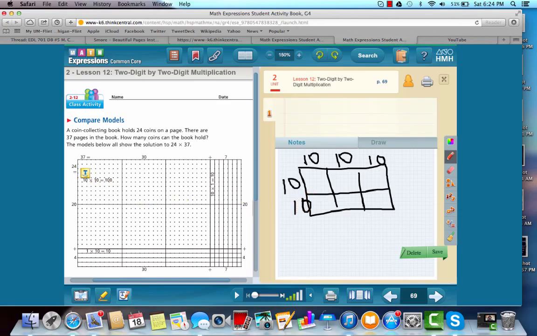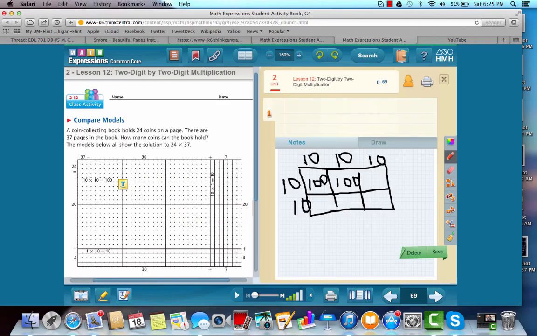Now if you look over here, it shows that 10 times 10 means that's 100. So inside each of these boxes, we are now putting 100. That's why you see all the dots. So you have 100 here, and you know you're going to get 100 here, 100 here, 100 here, and 100 here.